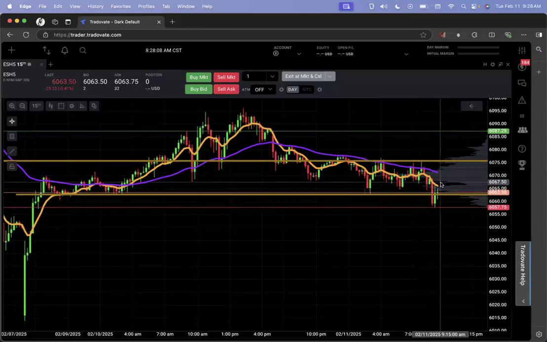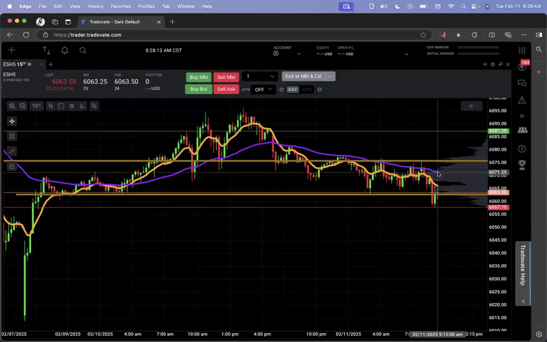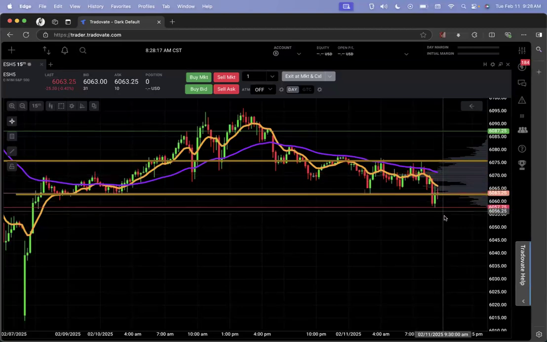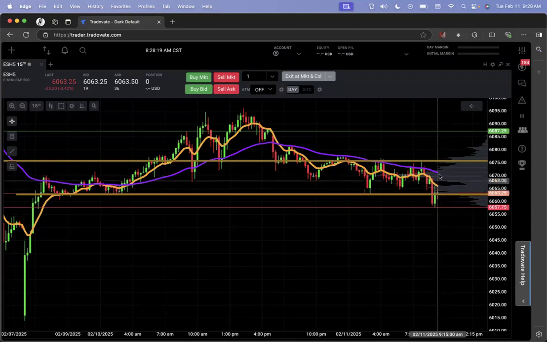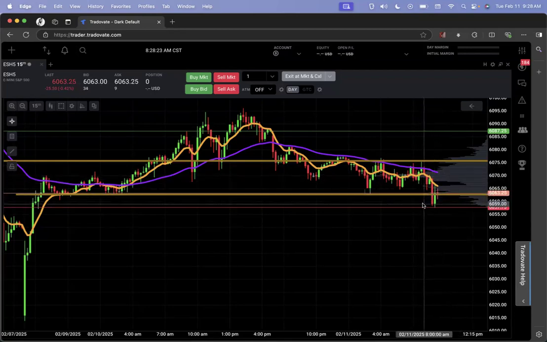So I see ourselves popping up to 60 70, rejecting somehow at some 5 minute candle, and then going back to the downside. That's if we even do get upside momentum. We have about a minute and a half left.